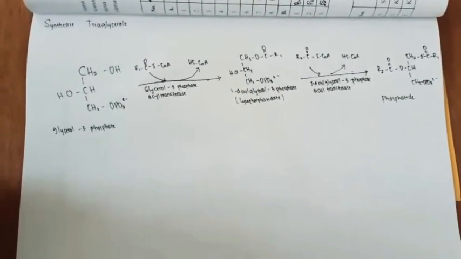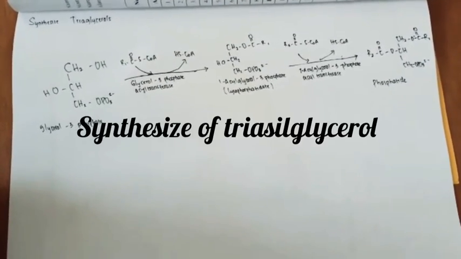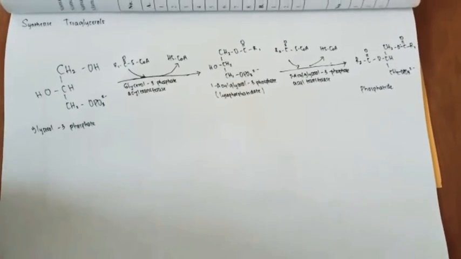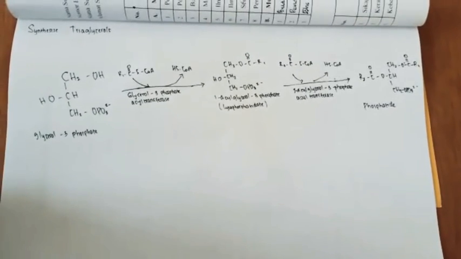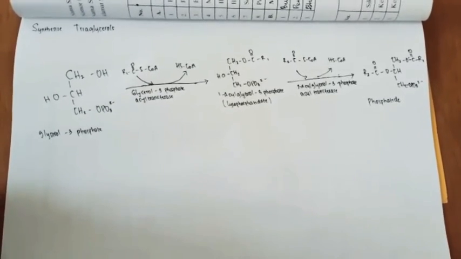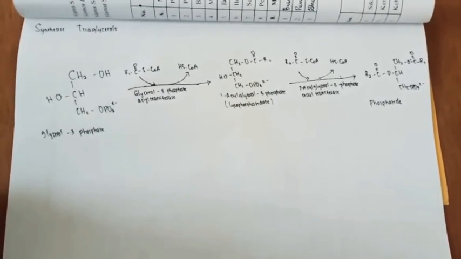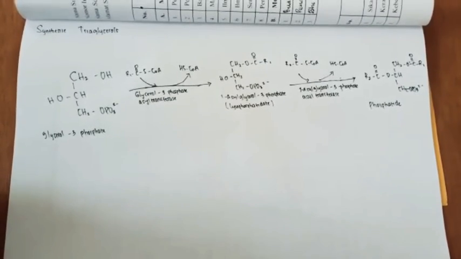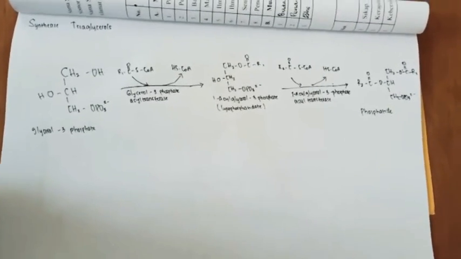Okay, question number 2 is synthesis of triacylglycerols. The first thing we do is synthesis of phosphatidate. Phosphatidate can be produced from glycerol 3-phosphate.